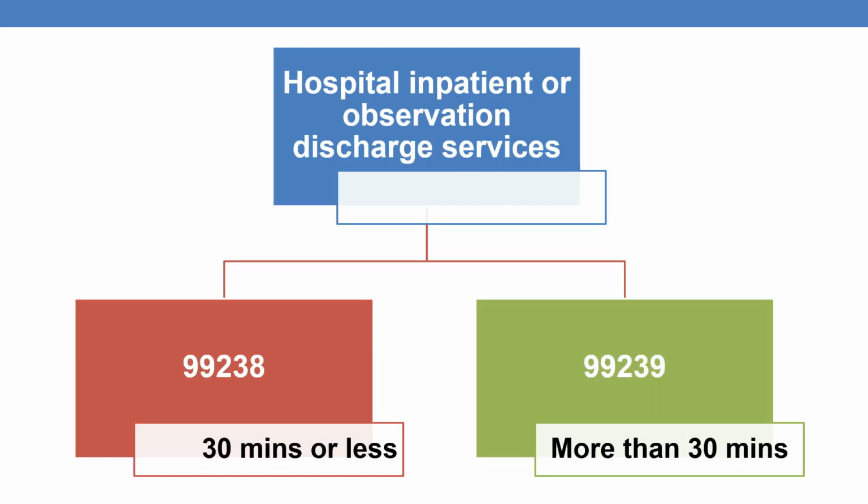Coming to the codes for hospital inpatient or observation discharge services, there are two codes, 99238 and 99239. If the total time spent by the physician on the date of discharge is 30 minutes or less, you need to report 99238. If it is more than 30 minutes, you need to report 99239.